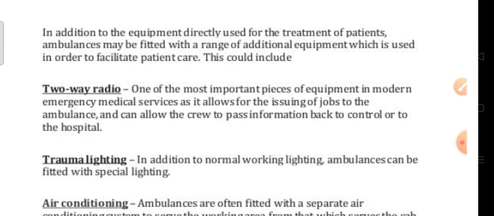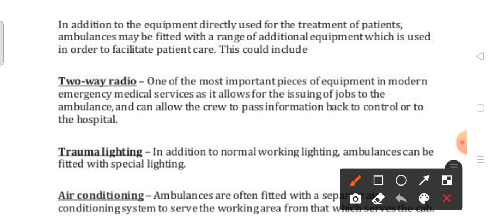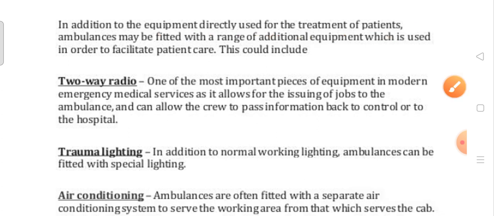First, equipment directly used for the treatment of patients. Ambulances may be fitted with a range of additional equipment which is used in order to facilitate patient care. These points you can write. Mainly equipment directly used for the treatment of patients, and ambulances may be fitted with a range of additional equipment.